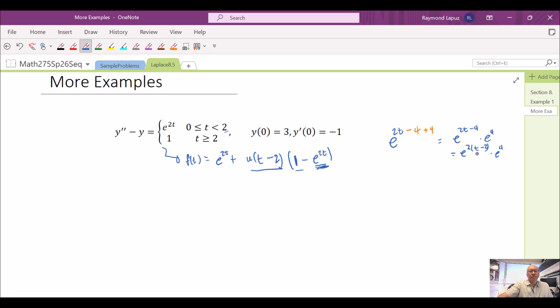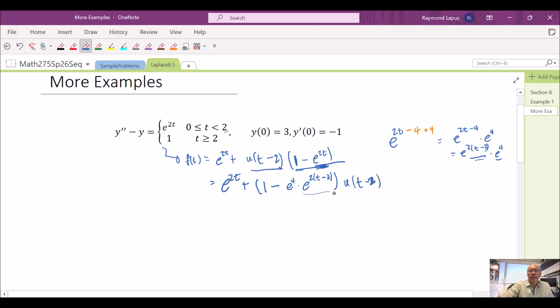All right, let's just rewrite that. I usually like writing the step function last. So I have a constant 1, and then I will have an e to the 4. I'll write that first because that's constant, times e to the 2 parentheses t minus 2, which we already have set up here, and then u t minus 2.